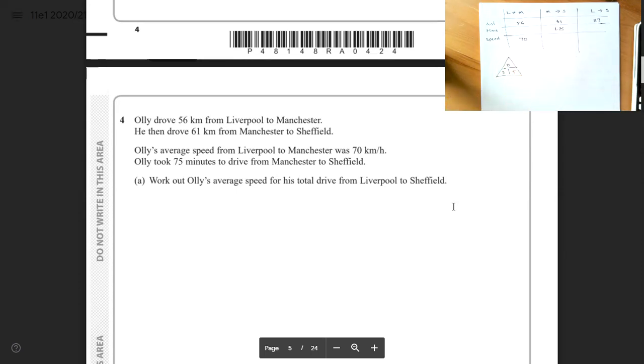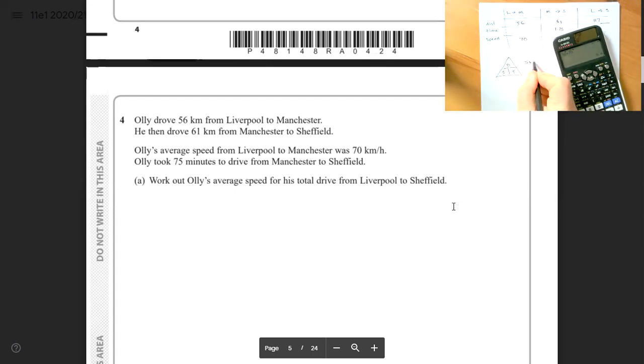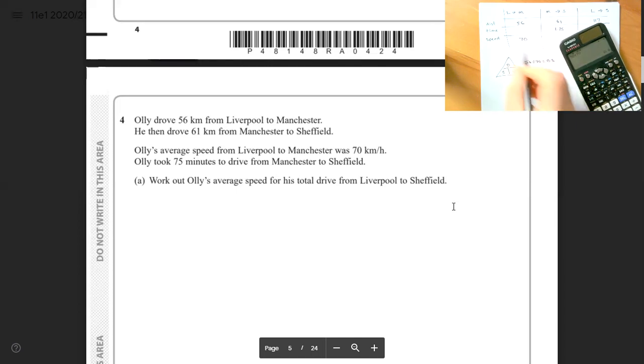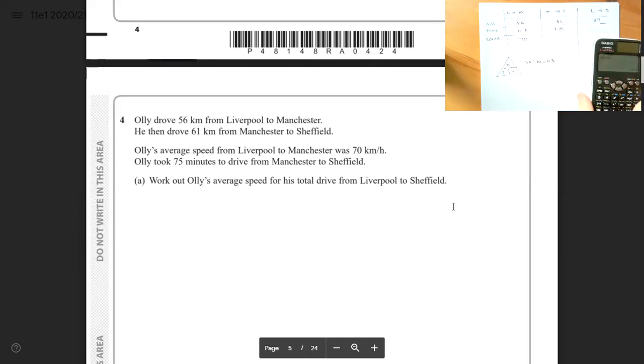So 56 divided by 70 equals 0.8 hours. We want to work out the average speed for the whole drive. So 0.8 plus 1.25 is 2.05 hours. So 117 divided by 2.05 is 57.07 kilometres per hour.